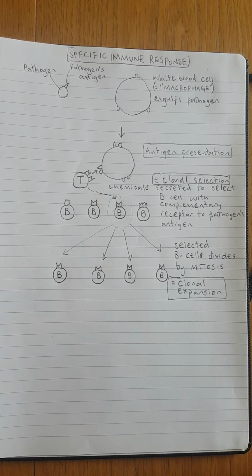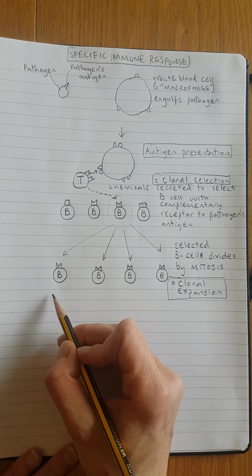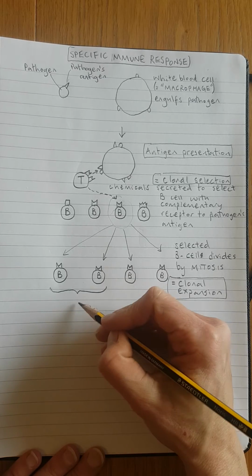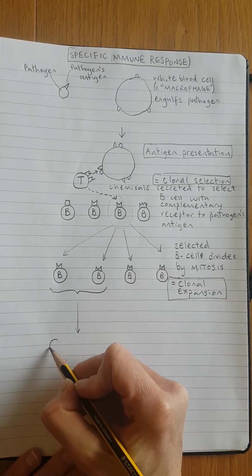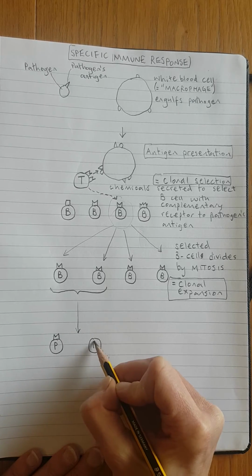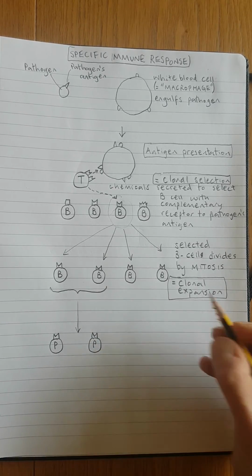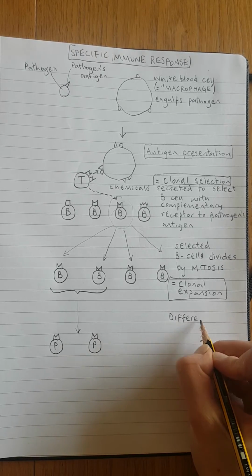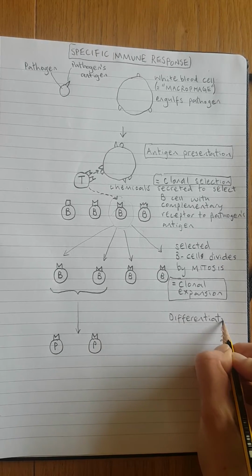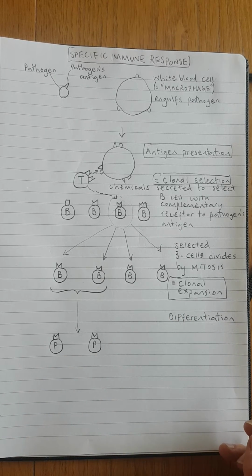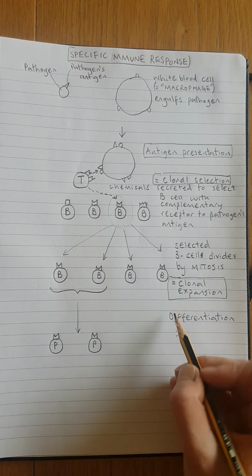Okay, so it's the next stage that allows the antibodies to be produced. So some of these B cells here get made into cells that can make the antibodies. They're called plasma cells. And this stage is called differentiation because what's happening is the B cells are taking on a specialized role so that they can carry out a particular job, which is what cell differentiation means.